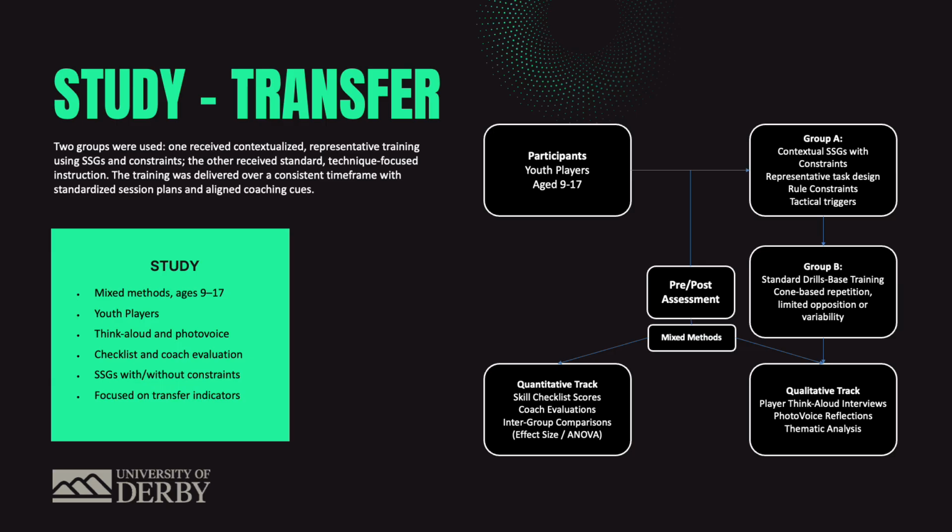On the qualitative track, we used think aloud interviews and photo voice reflections, where players use images to express their learning. These were analyzed thematically to capture cognitive and emotional insights. This combination gave us a fuller picture, not just if transfer happened, but how it unfolded.